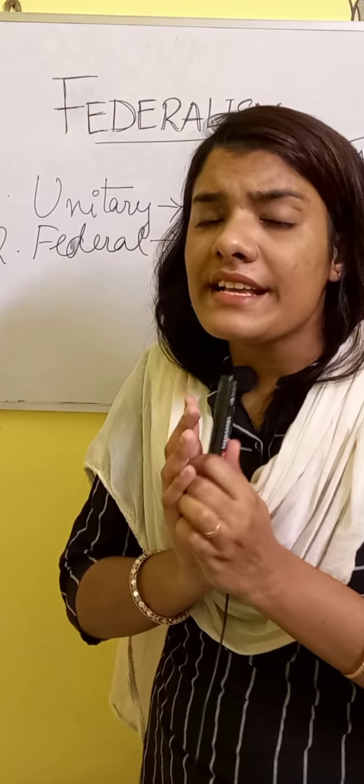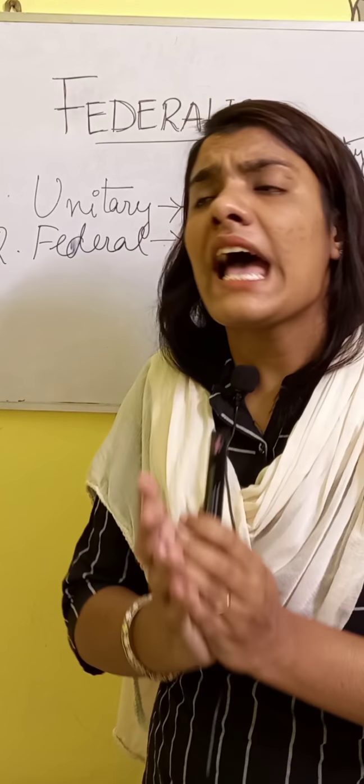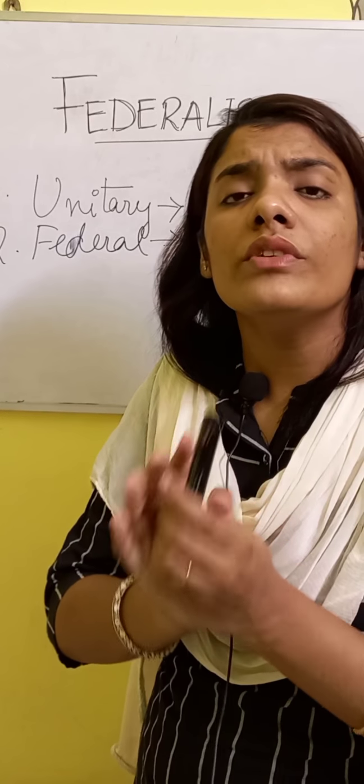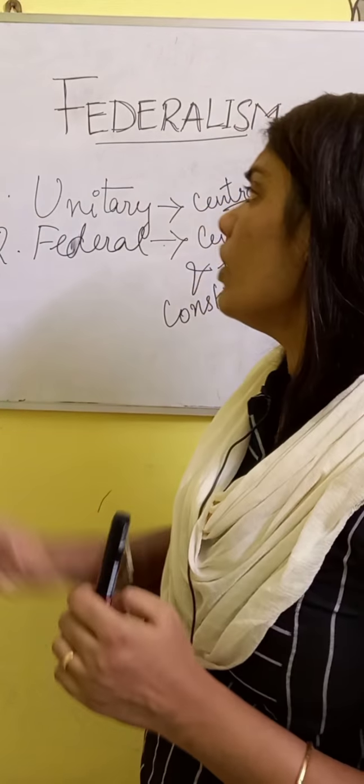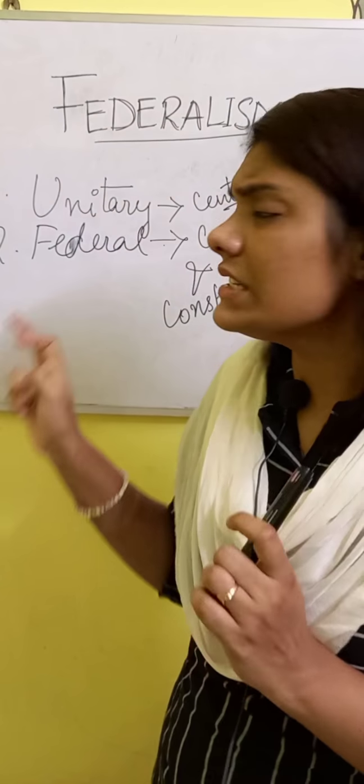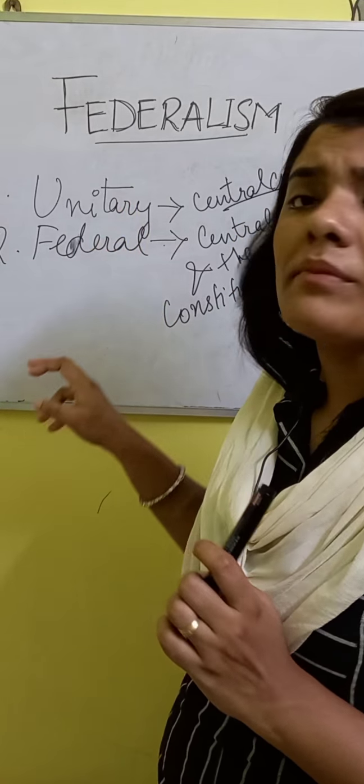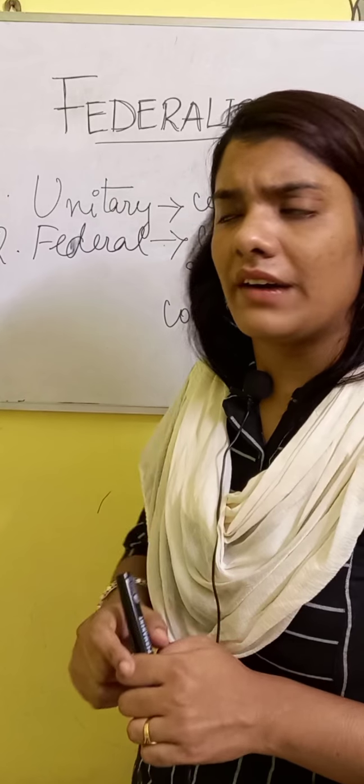But when there is a single central government that rules over the whole country, that is called a unitary government. So this is the difference between a unitary form of government and a federal form of government.